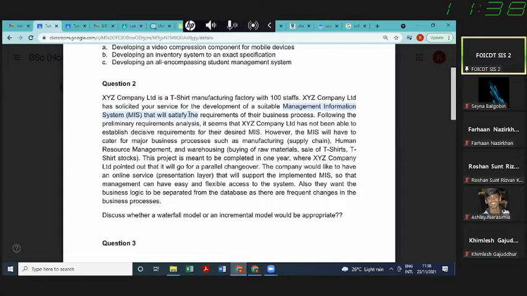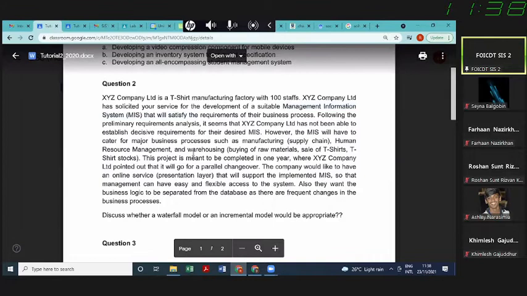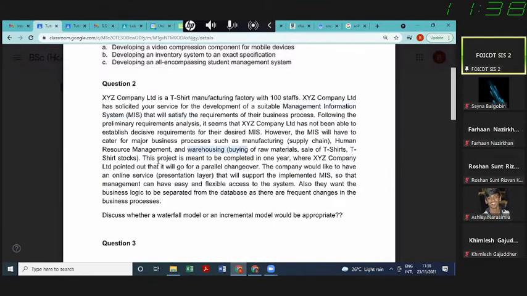However, the MIS will have to cater for major business processes such as manufacturing, HR, warehousing. The project is meant to be completed in 1 year, where it's expected to be going for parallel changeover.